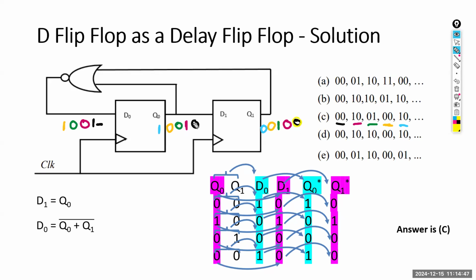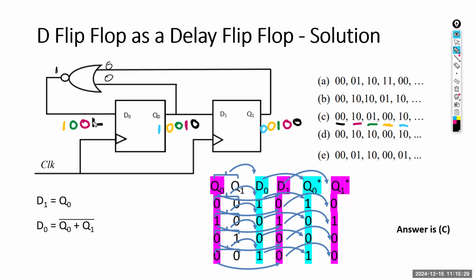Okay, let me take the black color. So Q0 is 0, Q1 is 0. Therefore, this is 0, this is 0. 0 OR 0 is 0, NOT 0 is 1. So therefore, this is 1.